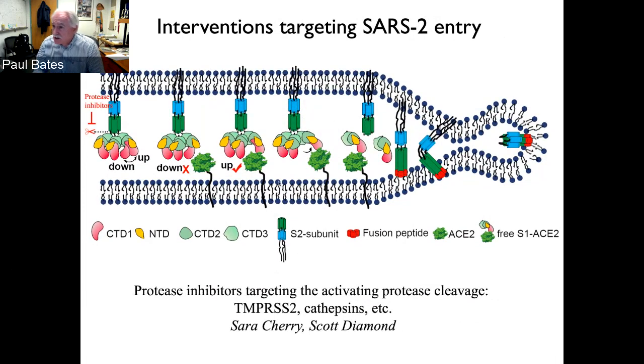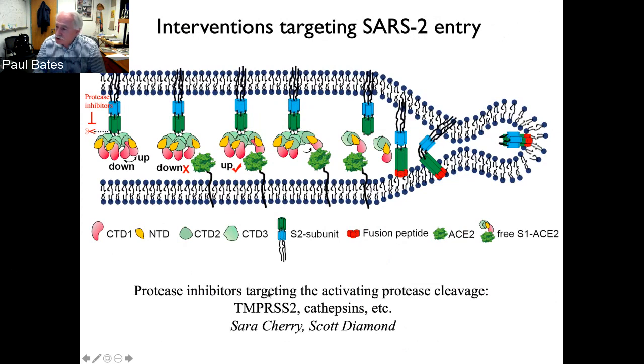As I mentioned, these viruses all require a second protease activating cleavage, and so the S2 prime proteases, you could go after those. You could go after TMPRSS2, and in fact, there is a licensed drug that inhibits TMPRSS2, cathepsins, etc. And Sarah's screening for inhibitors of MERS.